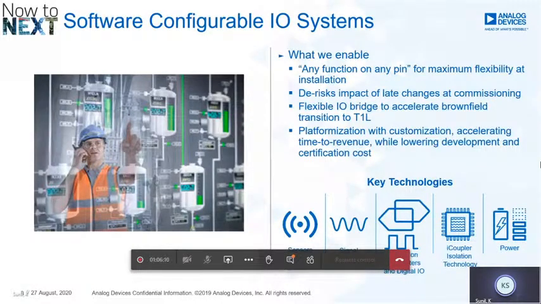You can just configure through software on the fly, but the basic hardware remains the same. So this addresses all the problems we were talking about in Industry 4.0 when different systems coexist. And it also brings a layer of security and robustness into the network by leveraging these technologies.